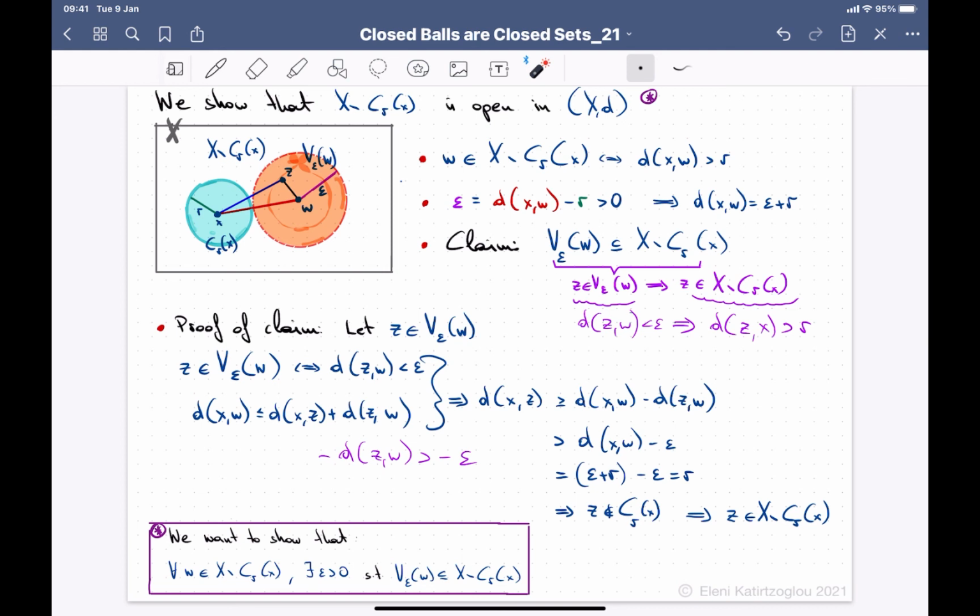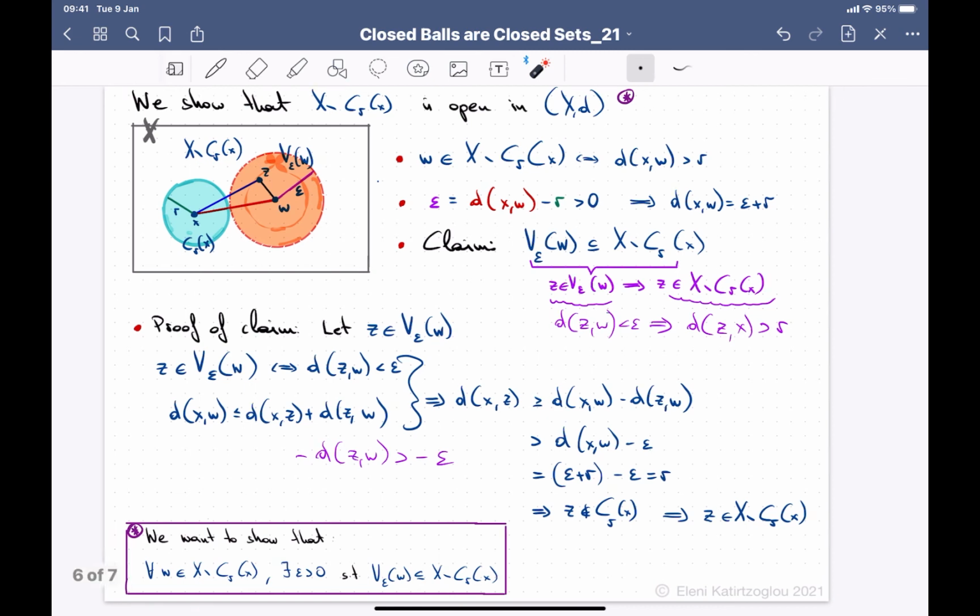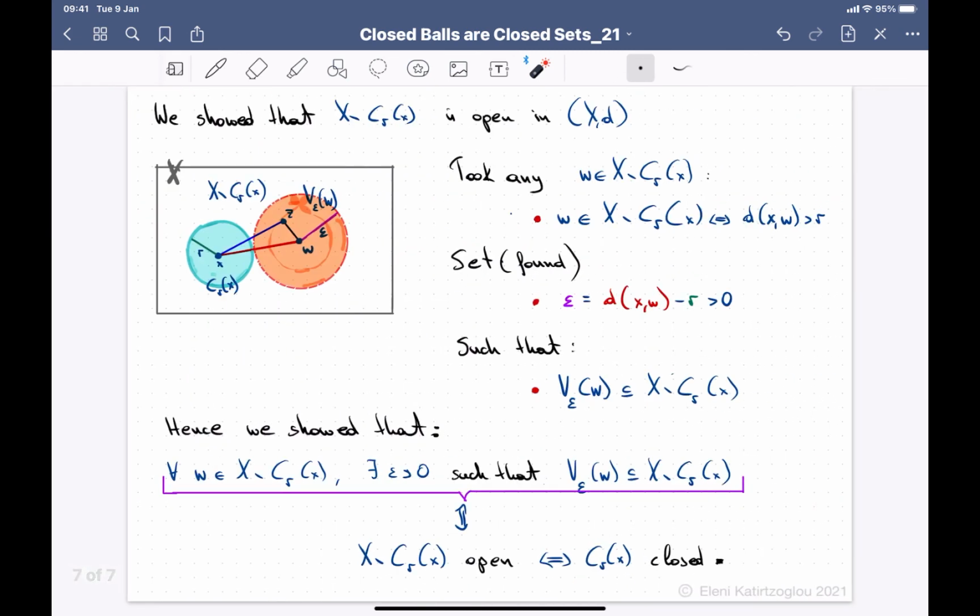Did we also show that the complement of the closed ball is actually an open set? Yes, we did. And how did we do that? Well, let's just summarize what we have done so far. We took any element W in the complement of the closed ball. For that arbitrary element, we found a positive epsilon such that this epsilon neighborhood of W is all inside the complement of the closed ball.